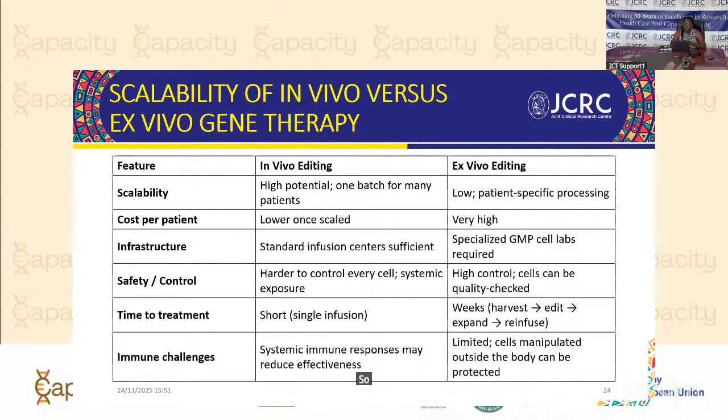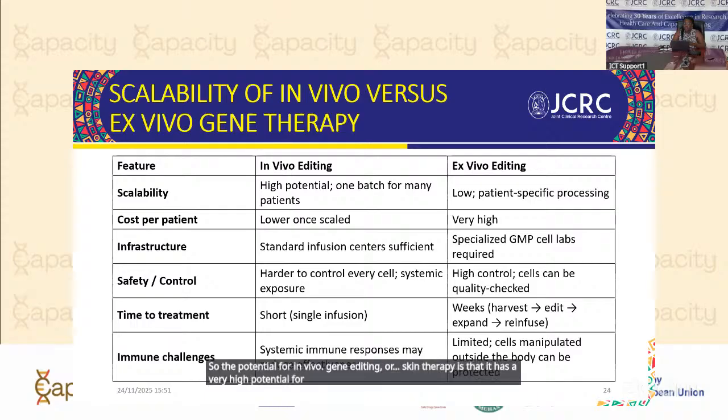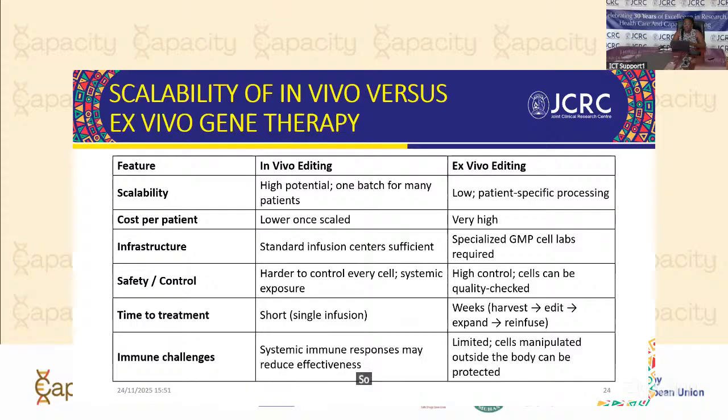So the potential for in vivo gene editing or gene therapy is that it has a very high potential for scalability. So here you can use one batch for many patients, unlike the ex vivo, whereby it is that entire cycle of removing. So you have to deal with one patient at a time to process this.